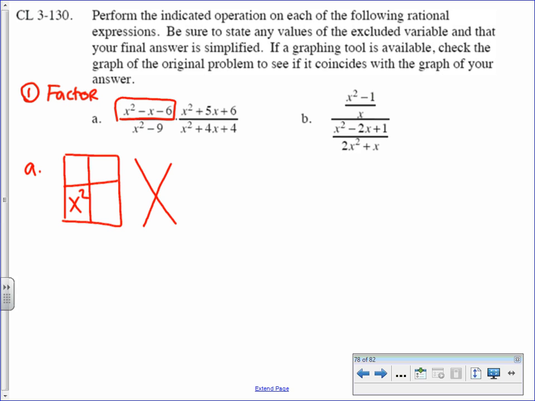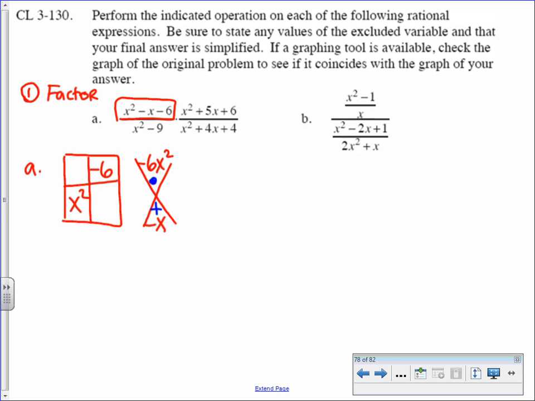The last term, c, negative 6, goes here. And I multiply those for the top of the diamond, negative 6x squared. My middle term, negative x, goes in the bottom. So I need to think about what multiplies to get negative 6 and adds to get negative 1, because that's negative 1x.